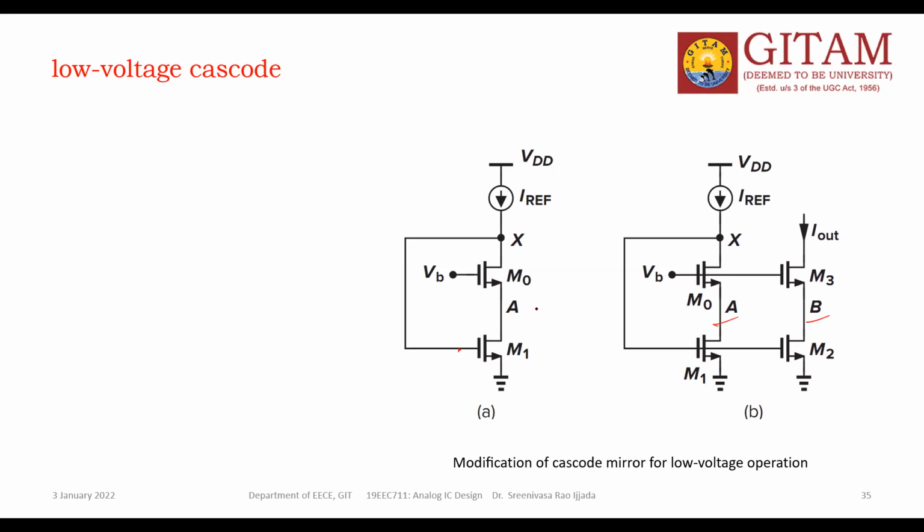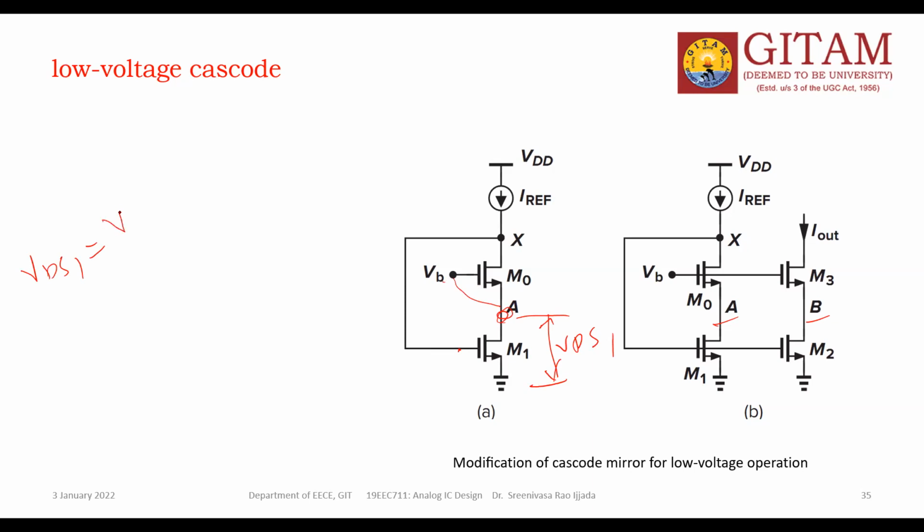Hence VDS1 here, VDS1 is equal to, so VDS1 means this is A. What is the VDS1? Or you can say this is the VDS1, is equal to. To get this voltage, what should we do? Come here. This is VB, and here there is VGS.